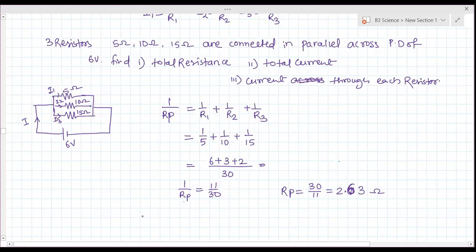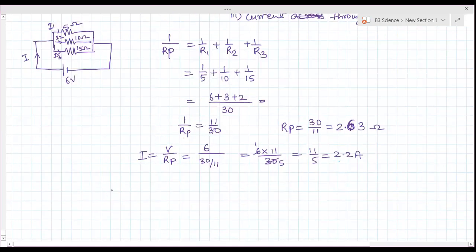Now total current I is equal to V by Rp. V is 6 divided by Rp, which is 30 by 11. So 6 into 11 by 30, that is equal to 11 by 5, which is 2.2 ampere. And I1, current across each, is V by R1.